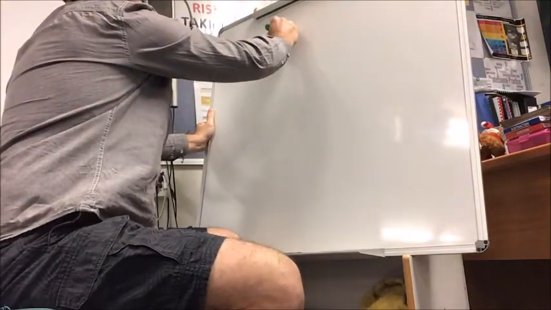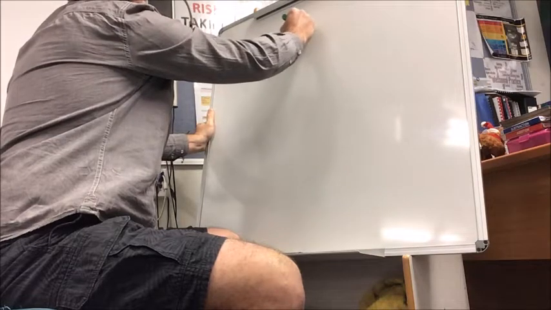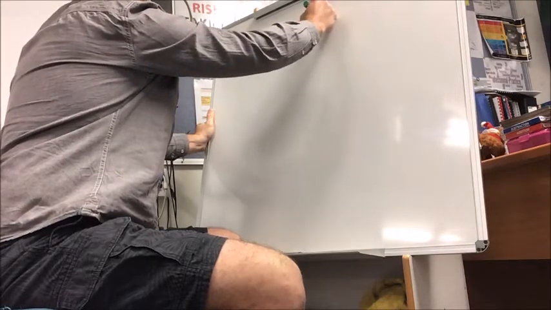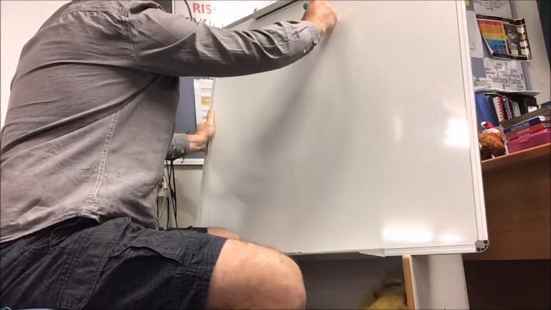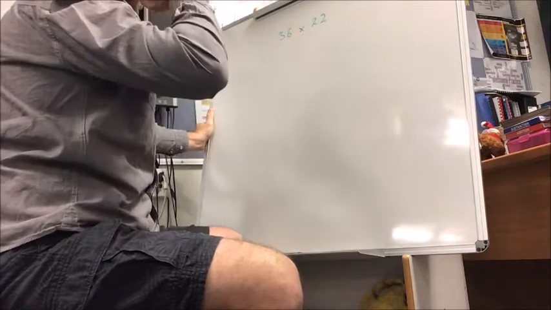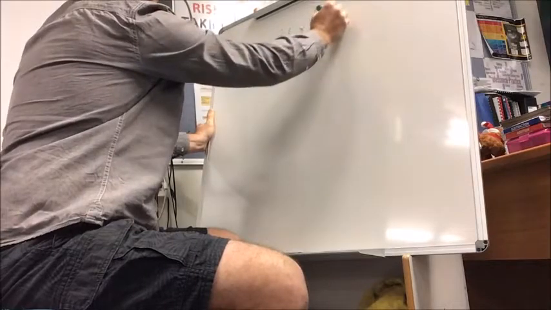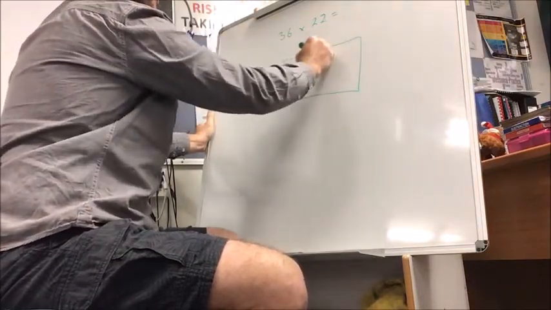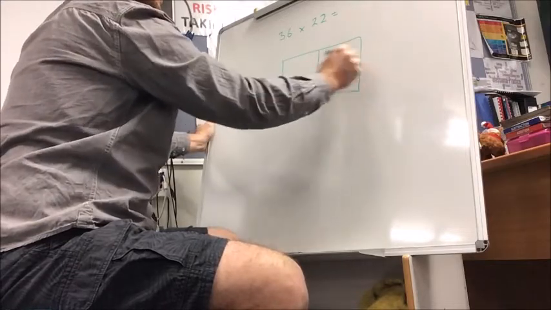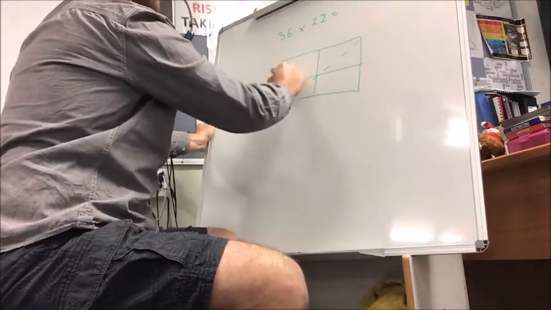All right, so I'll do another one. We'll do 36 times 23. Or no, we had 22. All right. Same thing. You'll already have these boxes drawn up for you, so you don't have to worry about any of that. I'll put my diagonal columns in.